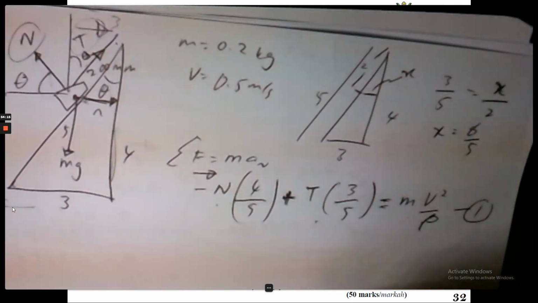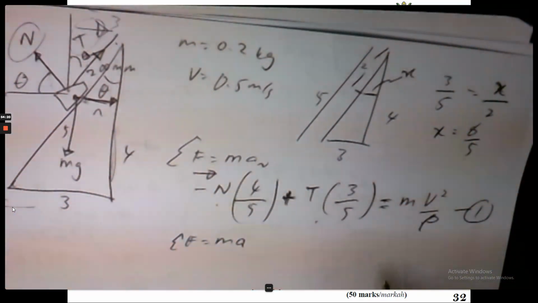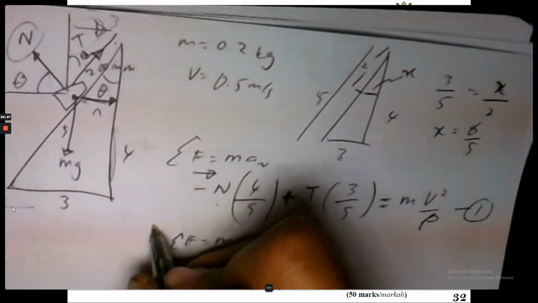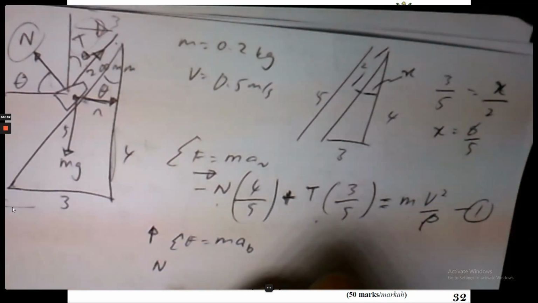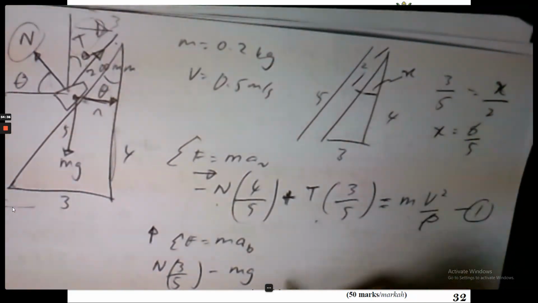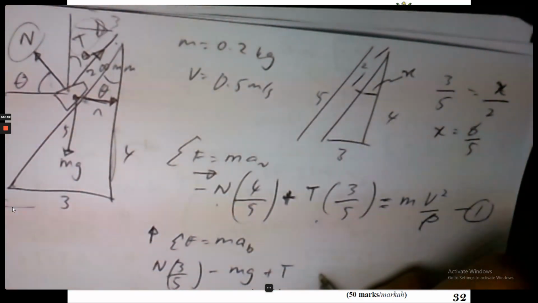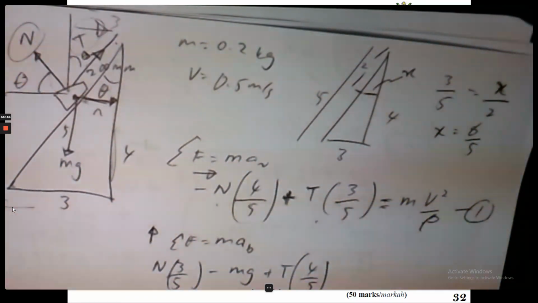Equation number 2, that will be sum of F equals to m a on B, in binormal. So binormal pointing upward is N 3/5 minus mg plus T 4/5. That's it, right? There's nothing else going upward or downward.